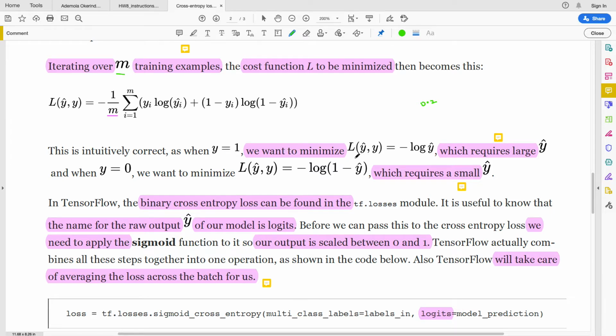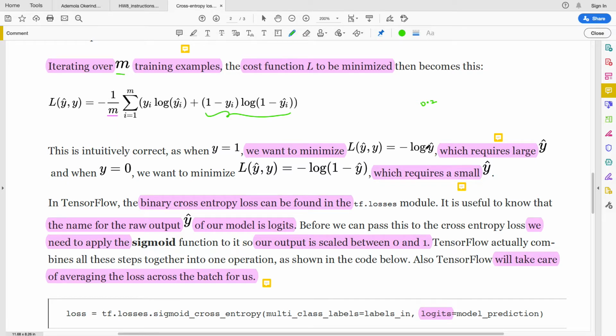So that's why if y is 1, if you substitute y equals 1 in this place, you will discover that the entire right hand side will become 0, because by the time you put 1 here, this will become 0. And what will be left is just negative log of y hat, because of this negative.